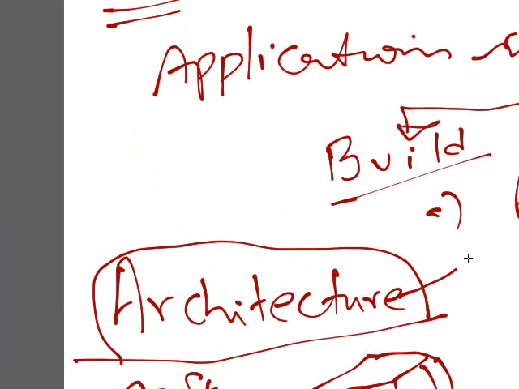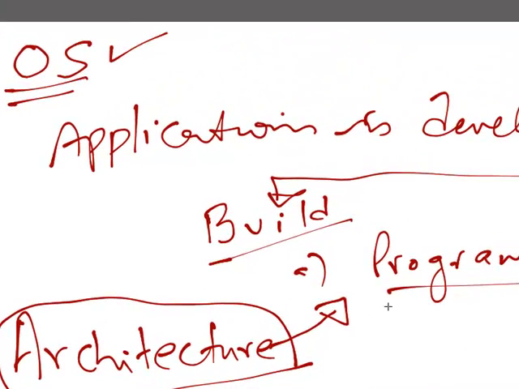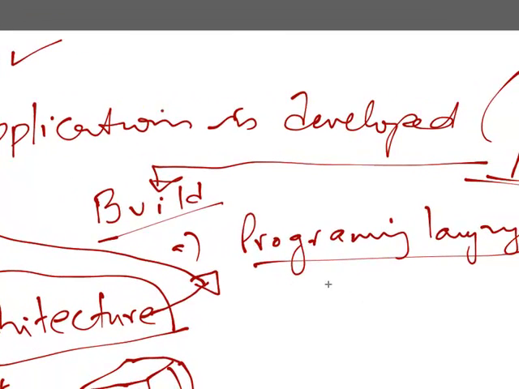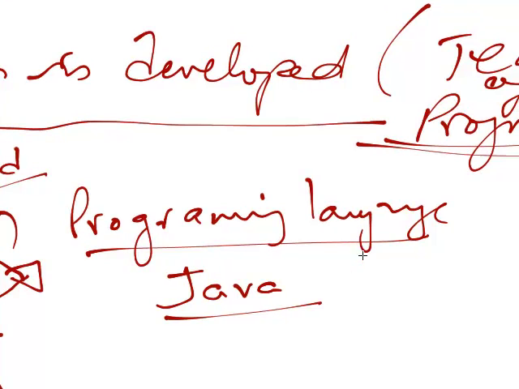In terms of the architecture of your application, part of it is to find out what kind of platform or operating system we are using to deploy or run that application on. We did talk about the different operating systems. The second thing is what kind of programming language they would have used to build it. Again, not important, but just to have an idea that this application was built using, let's say, Java. Java is an object-oriented programming language.